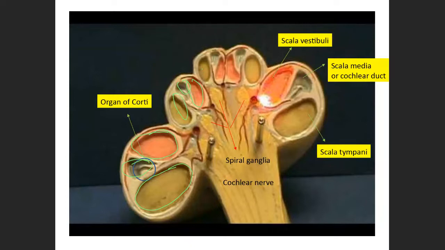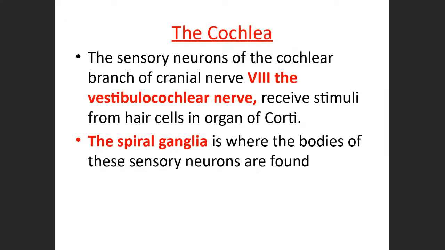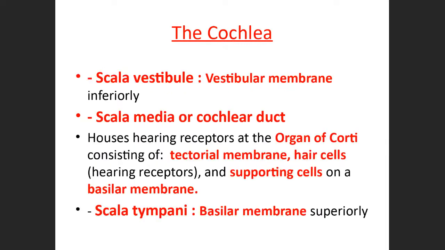Now, let's go a little bit further. Make sure I didn't leave anything out. Yeah, cranial nerve number 8, the cochlear nerve branch of the vestibulocochlear nerve, is the one that will collect information from these areas. The ganglia there is called the spiral or cochlear ganglia. The receptors are going to be found in the scala media or cochlear duct, clustered into an area called the organ of Corti.